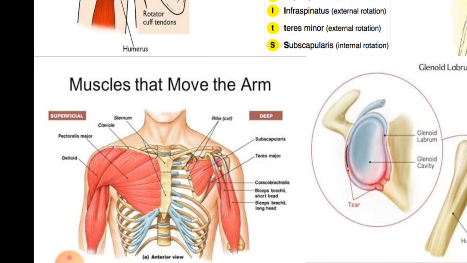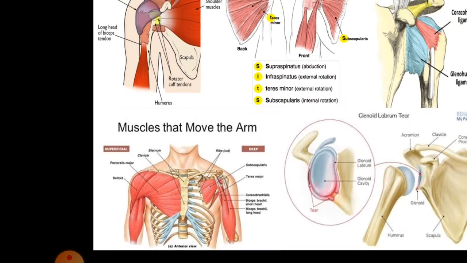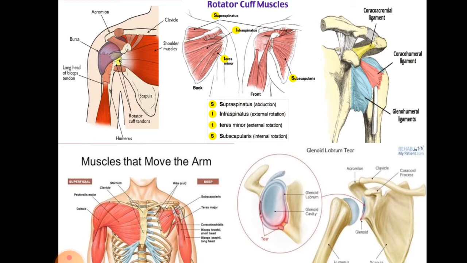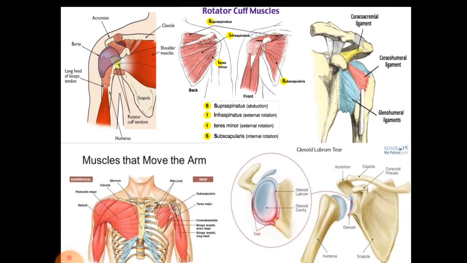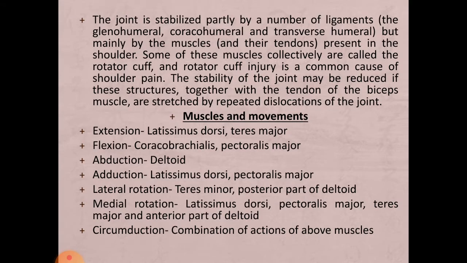The teres major and teres minor both are deep muscles. Latissimus dorsi is not shown in this image, but for the extension around the shoulder joint, you have the latissimus dorsi and the teres major muscle involved.